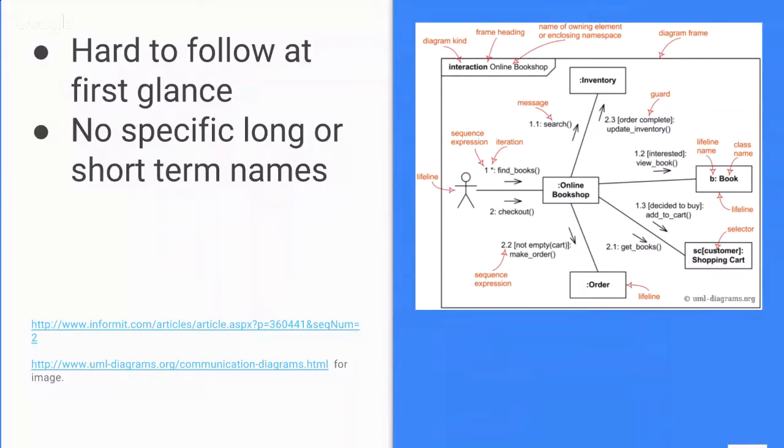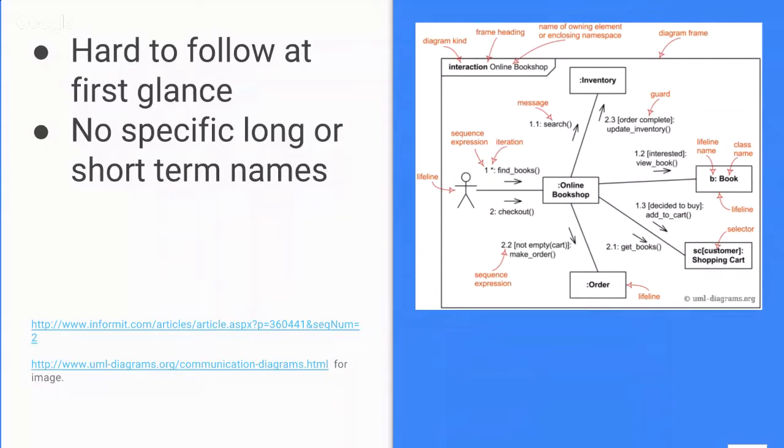The other downside is that there is no specific long or short-term naming system for communication diagrams. Because of that, we use standard words and letters throughout UML so that there's consistency in every diagram. For long-term names, we use the word interaction and then put the name of what we're showing.